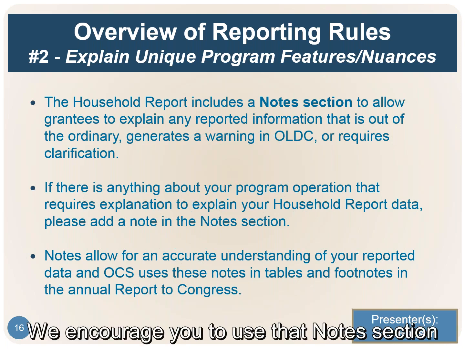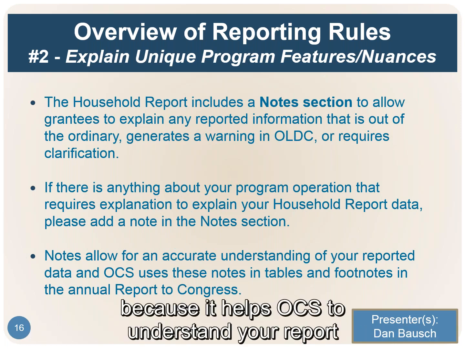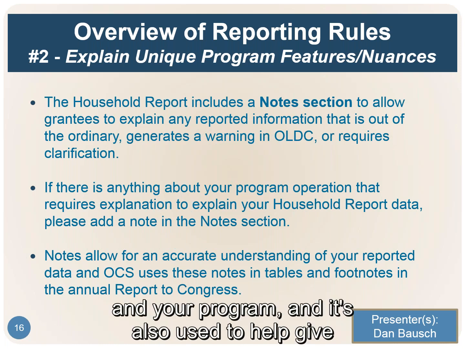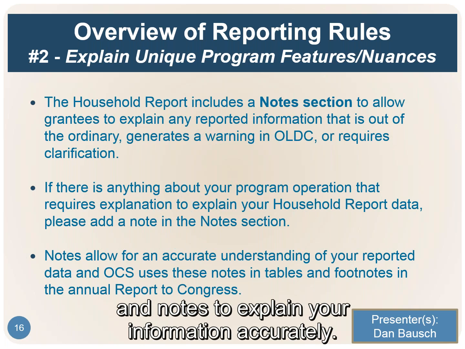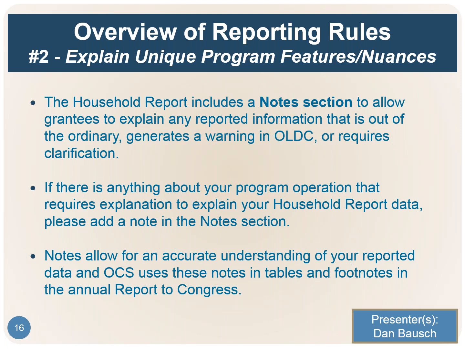So we encourage you to use that notes section because it helps OCS to understand your report and your program, and it's also used to help give information to Congress by putting footnotes and notes to explain your information accurately.